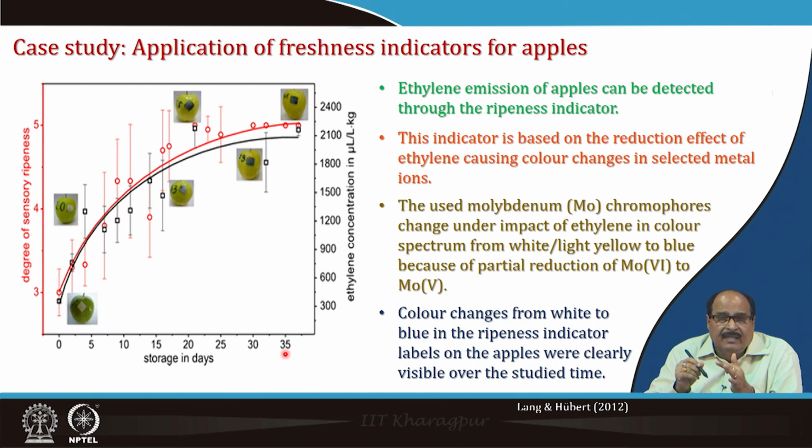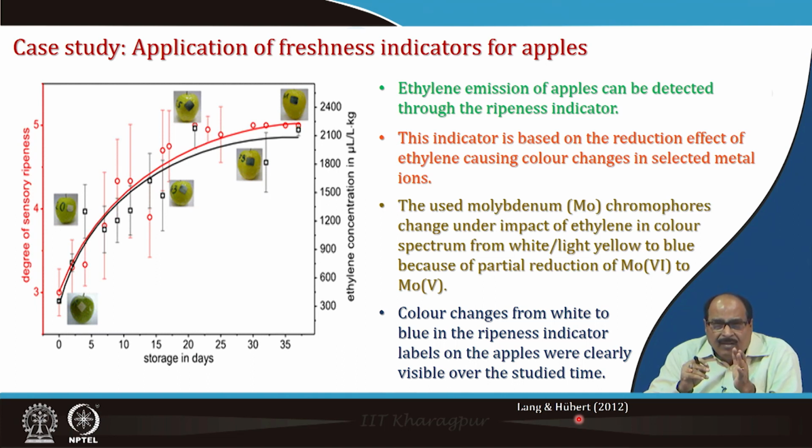This indicator is based on a publication by Lang and Hubbard. So, this indicator is based on the reduction effect of ethylene causing color change in selected metal ions. The molybdenum chromophores change under impact of ethylene in color spectrum from white or light yellow to blue because of partial reduction of molybdenum Mo(VI) to Mo(V).